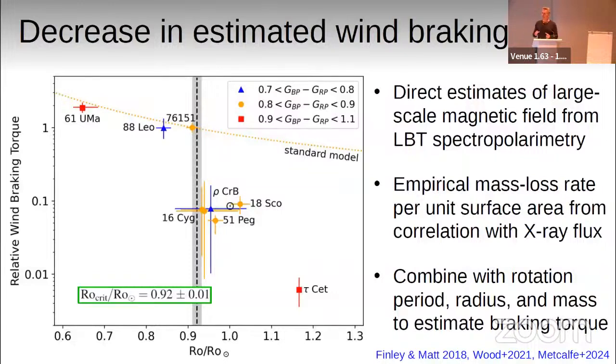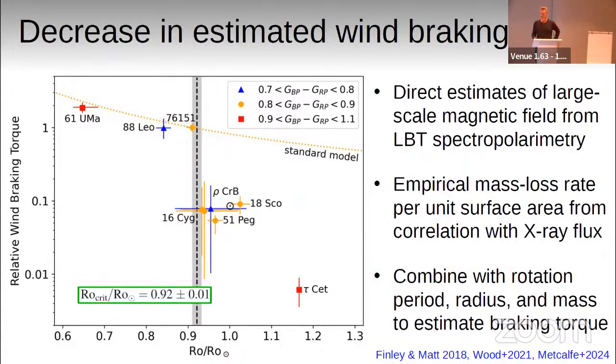When you combine those things, you can estimate for any star where you have all those quantities the wind braking torque, or equivalently the angular momentum loss rate. What we're looking at here is a sample of a dozen stars where we have all of those measurements, assembled over the past 5 years using the Large Binocular Telescope and a beautiful spectropolarimeter built by Klaus Strassmeier.